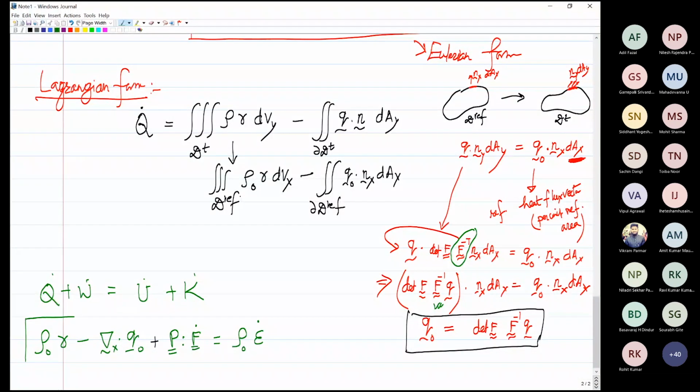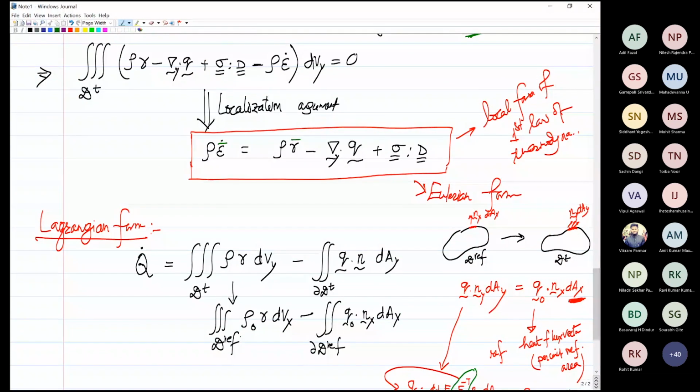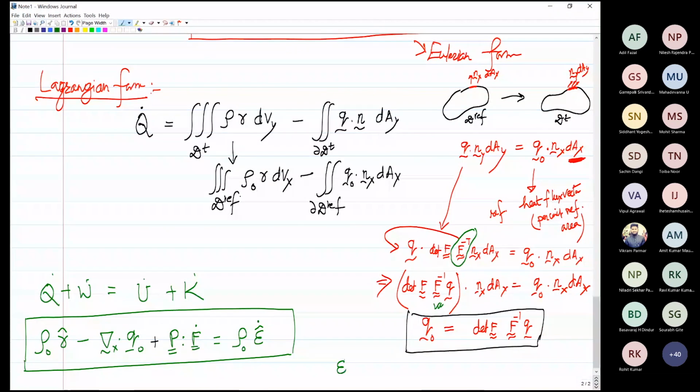If you want to be more clear, then this is actually r hat, and this is also epsilon hat, and here we have epsilon bar and r bar. You know that epsilon hat as a function of x comma t is equal to epsilon bar, and then here you get your deformation map y hat of x comma t, comma t.